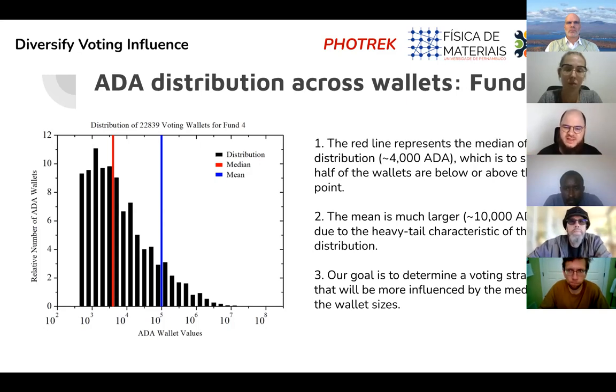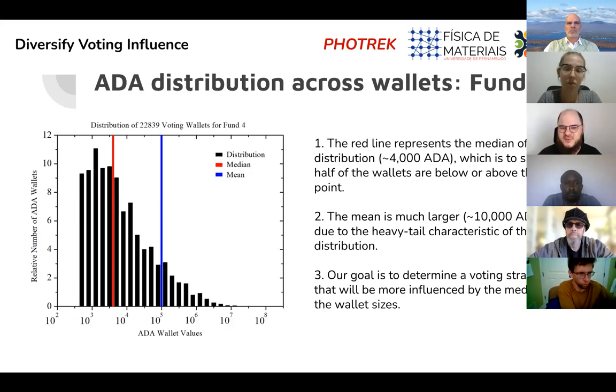So this means that you have a very small amount, few users with huge ADA wallets. And what we want to do is to try to balance this for people with smaller wallets to have a great influence when compared to those big wallets. So we have to try to get these two different sizes together when it's time to perform a decision.